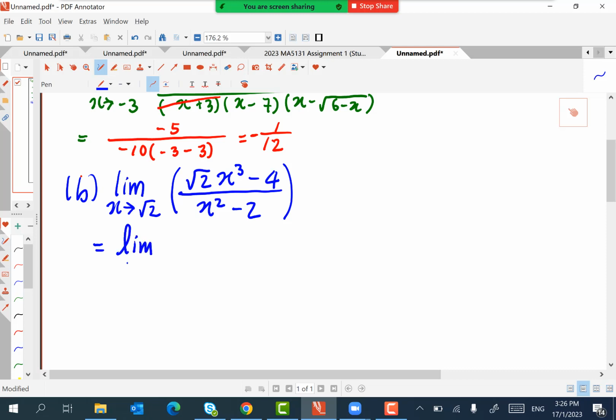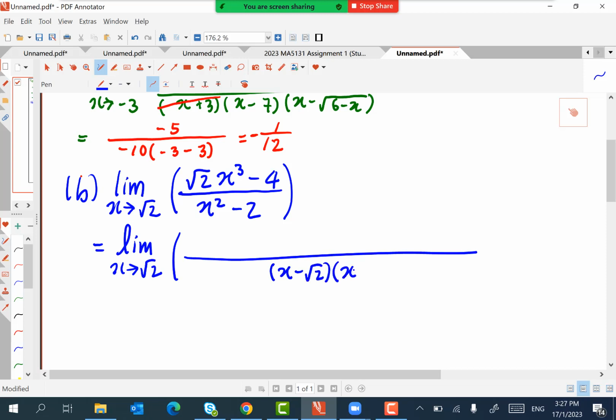So for this question, the denominator can be factorized. And then this can also be factorized now.